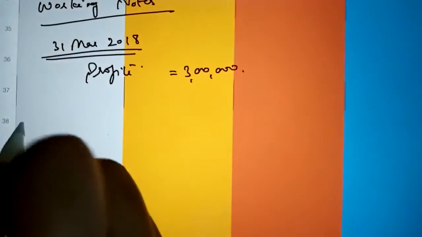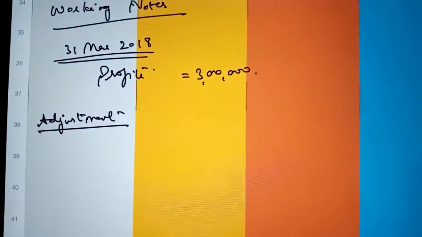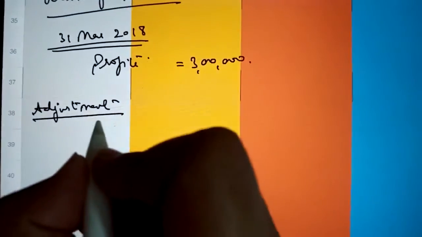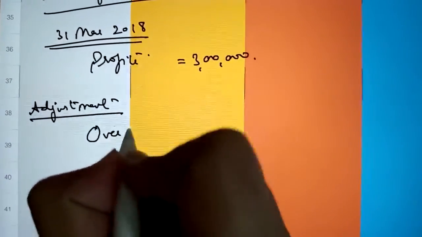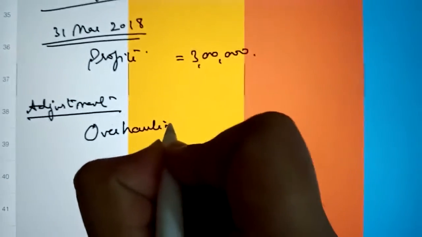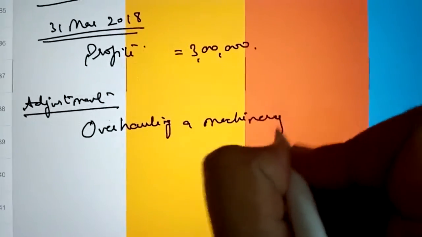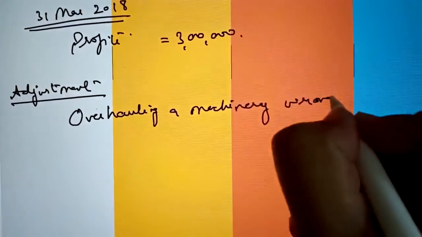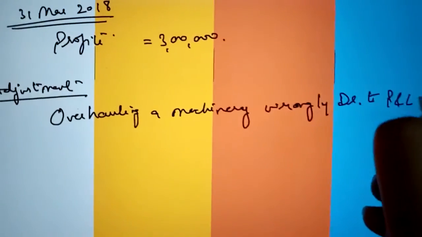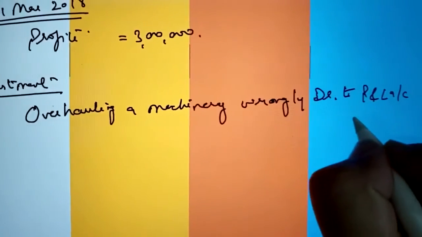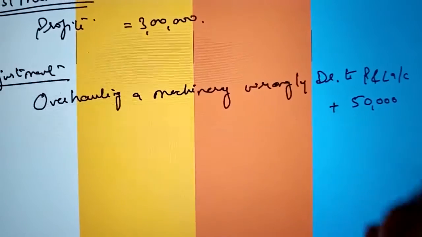The adjustment is rupees 50,000, that is overhauling a machinery wrongly debited to profit and loss account. Amount is given to us 50,000, so it should be added back to the profits.